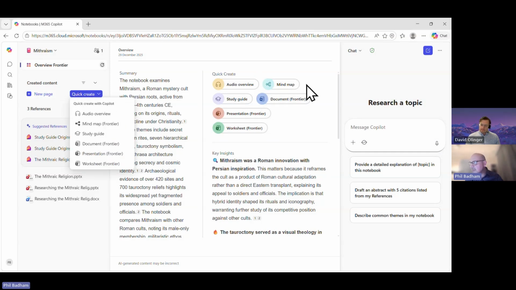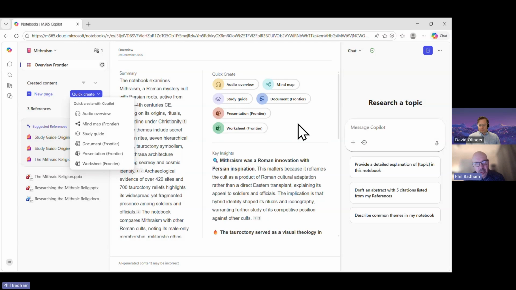And what you can also see, within this Quick Create tab and over here in the Quick Create section, is the ability for Copilot not just to present you with your structured knowledge, but to actually reprocess it into different forms. So I can, for instance, create an audio overview, e.g., a podcast, for want of better words. Some of you may be thinking, oh, there are other platforms that can create podcasts out of data. Well, so can Microsoft, so can Copilot.